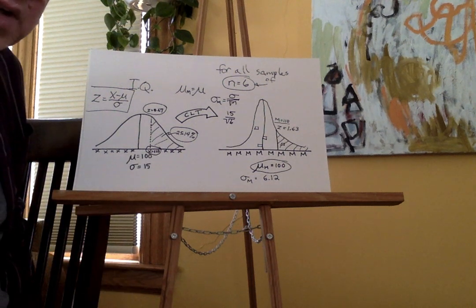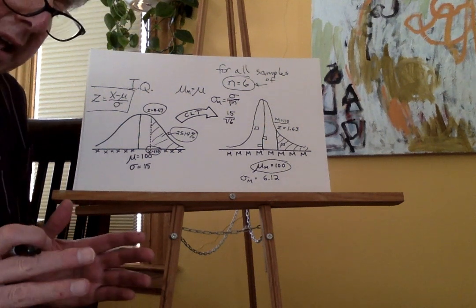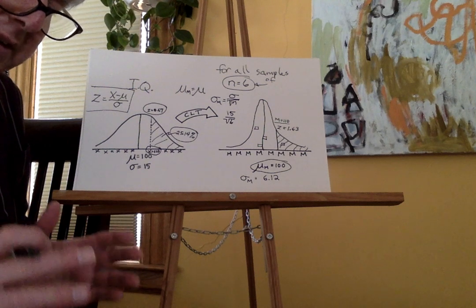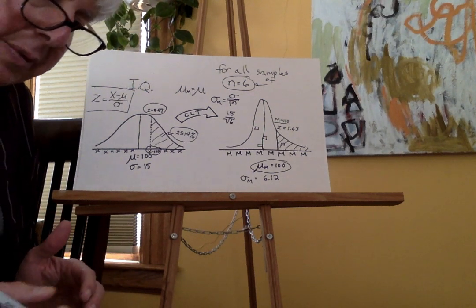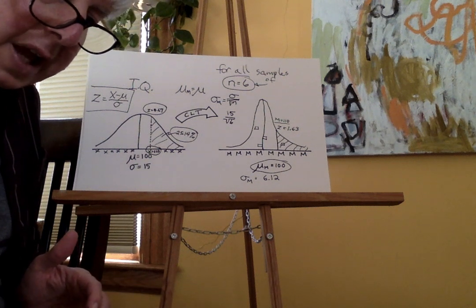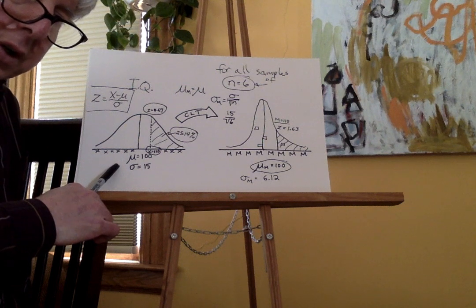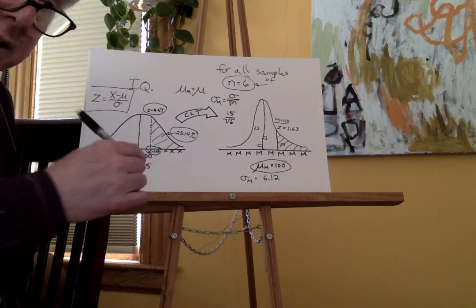Now, can you anticipate what the answer is going to be? So if I'm looking for a sample of 6, what's the probability that it's going to be greater than 110 versus an individual score with a score higher than 110?